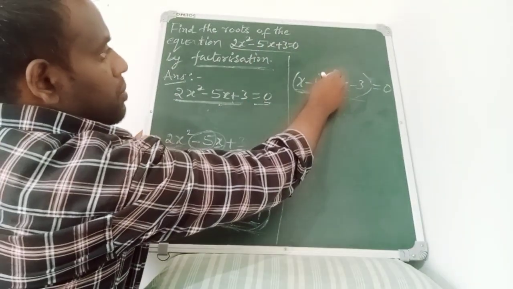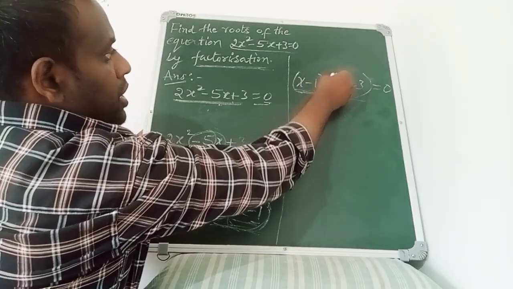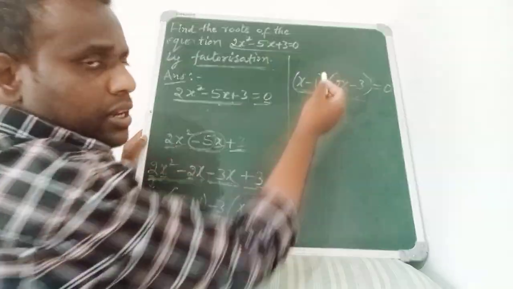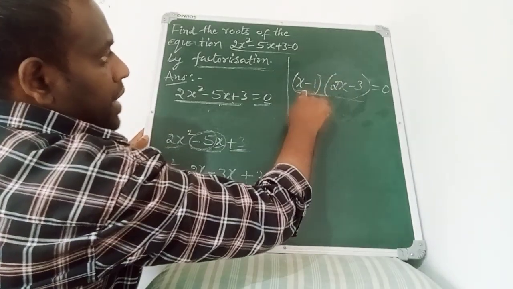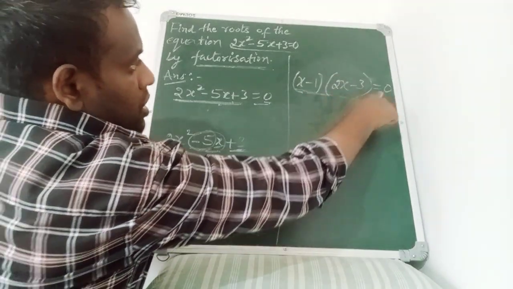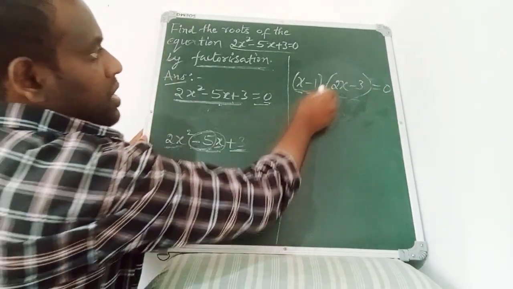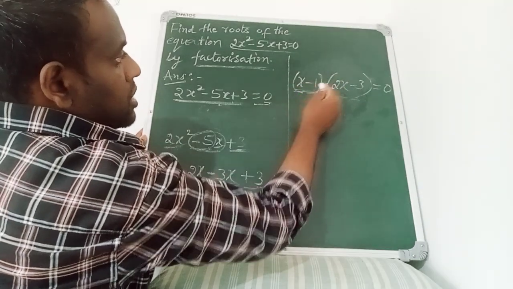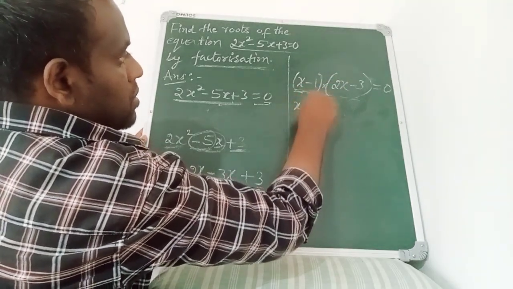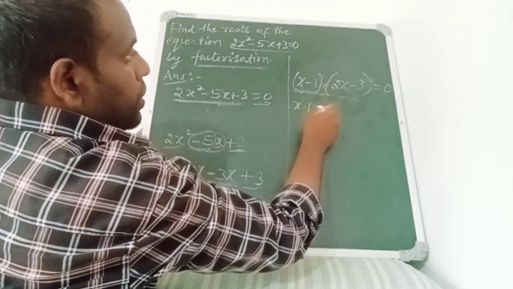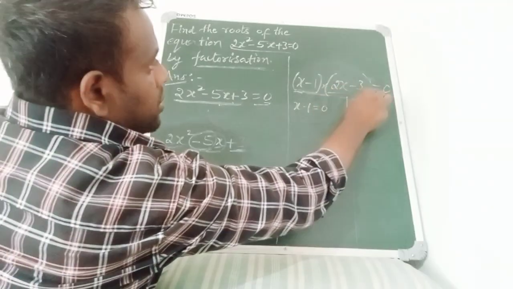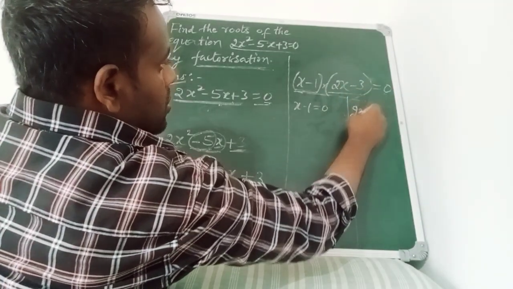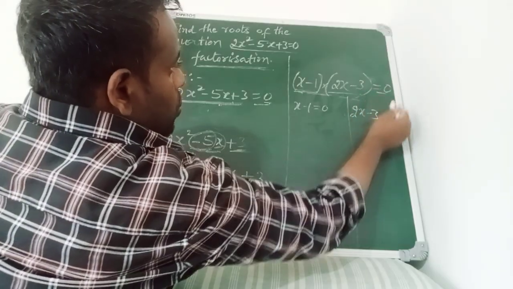See, bracket is there. Here closed bracket, here open bracket. Here nothing is there, which means into is there. Because of this into, x minus 1 into 2x minus 3 is equal to 0. So we can take this x minus 1 separately equal to 0. Now take this 2x minus 3 separately equal to 0.